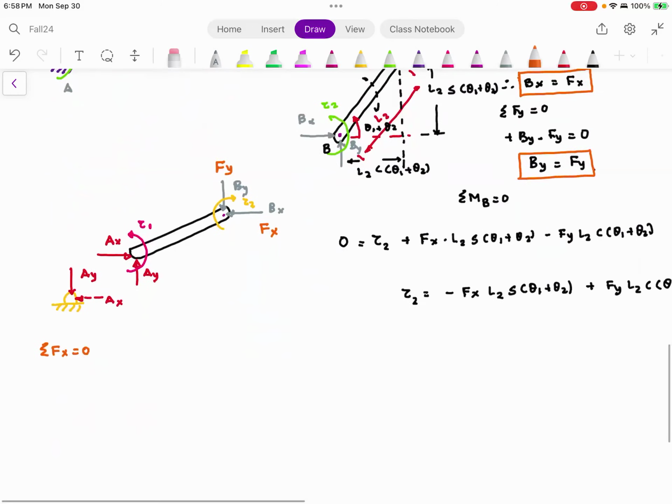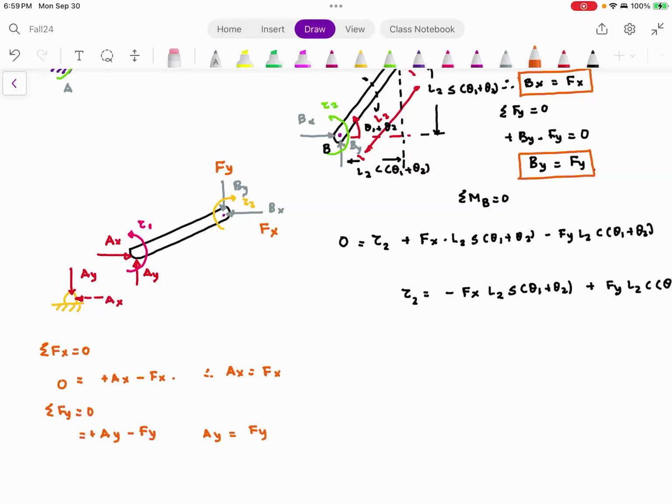That means 0 is equal to Ax minus f of x. Then summation of forces in the y direction is equal to 0. Then what that means is Ay minus Fy. So this gives me Ax is equal to Fx, Ay is equal to Fy.